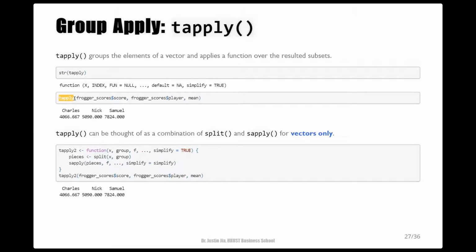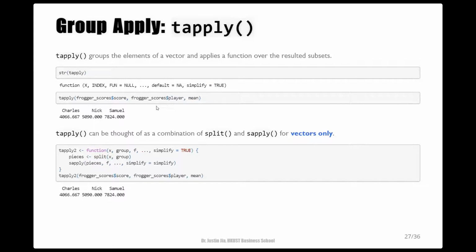Like split, tapply takes the vector to split as the first argument, and a factor that identifies groups as the second argument, then followed by the function to be applied, and then the ellipsis parameter used to capture other arguments that may go to this function. And here the simplify keyword is used to indicate whether we want to simplify the results, kind of like the sapply simplification.